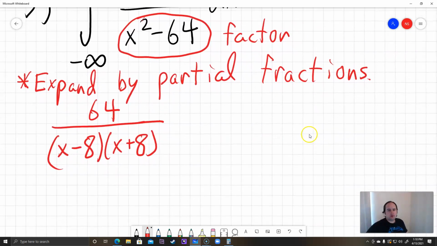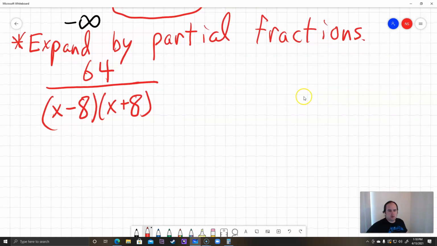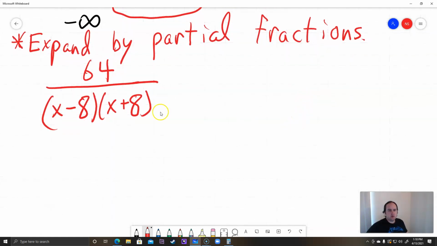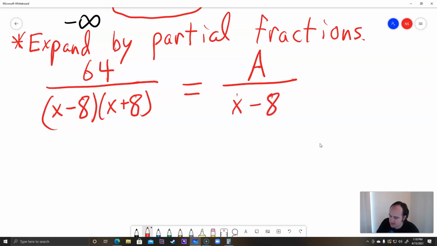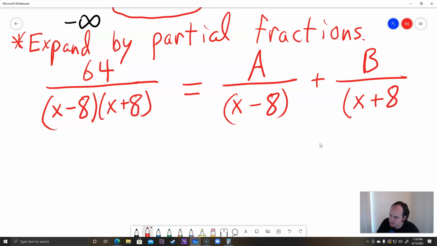Okay, and then what we're going to do from here is we're going to go ahead and set this equal to capital A over the first factor, so capital A over x minus 8, plus capital B over the second factor, so that's capital B over x plus 8.